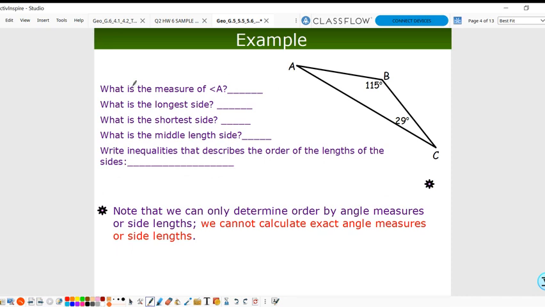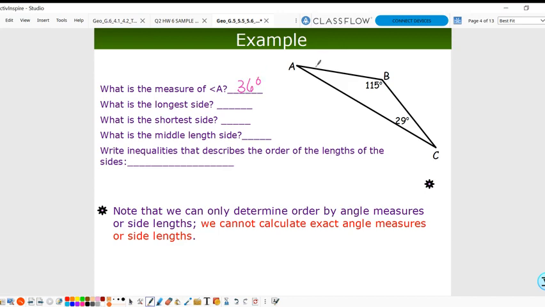In our example, what is the measure of angle A? So in order to find that, I'm going to go ahead and add up my three angles, and they should add up to 180. So right now when I add up angle B and C, I have 144. When I subtract that from 180, angle A will be 36 degrees.